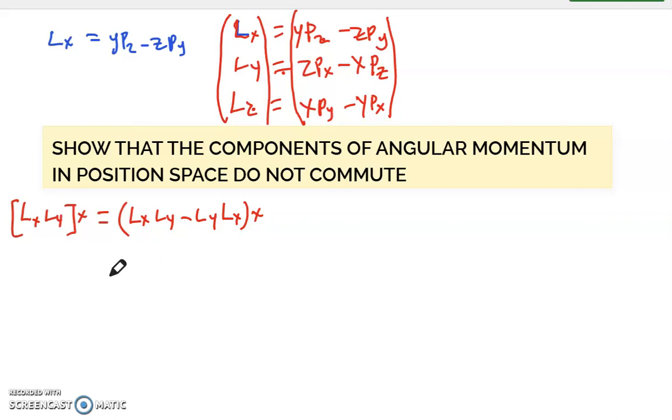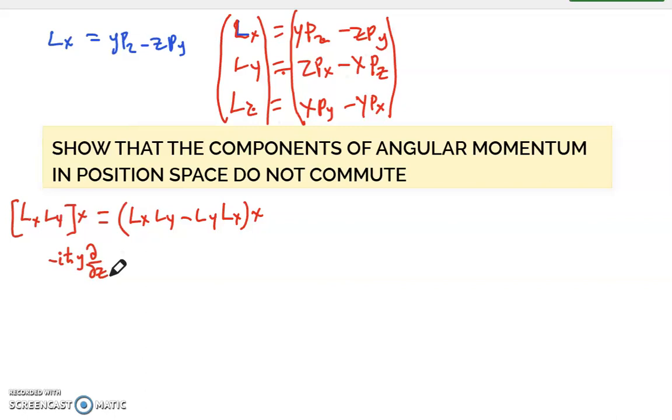But what do we have? We know that our Lx is nothing but negative i h cross of y d/dz, because remember, we know what Lx is, it is y pz minus z py.